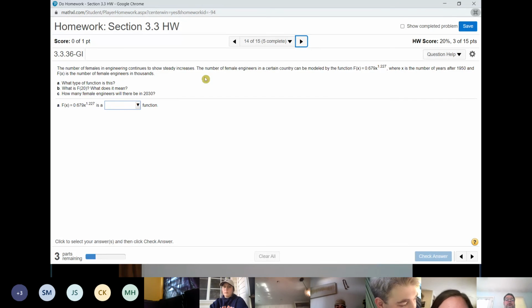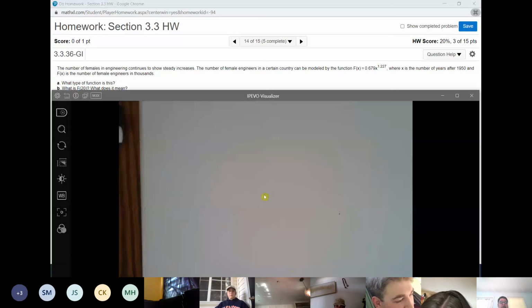Number of females in engineering. Where x is the number of years after. Okay, let's look at this one. The number of females in engineering continues to show a steady increase. The number of female engineers in a certain country can be modeled by the function. You're going to write that down because you're not going to get by without using that function.